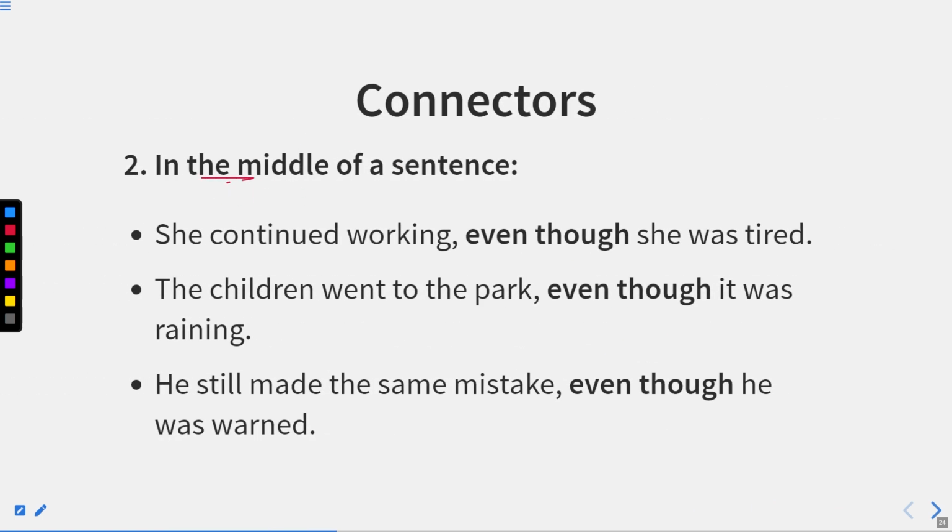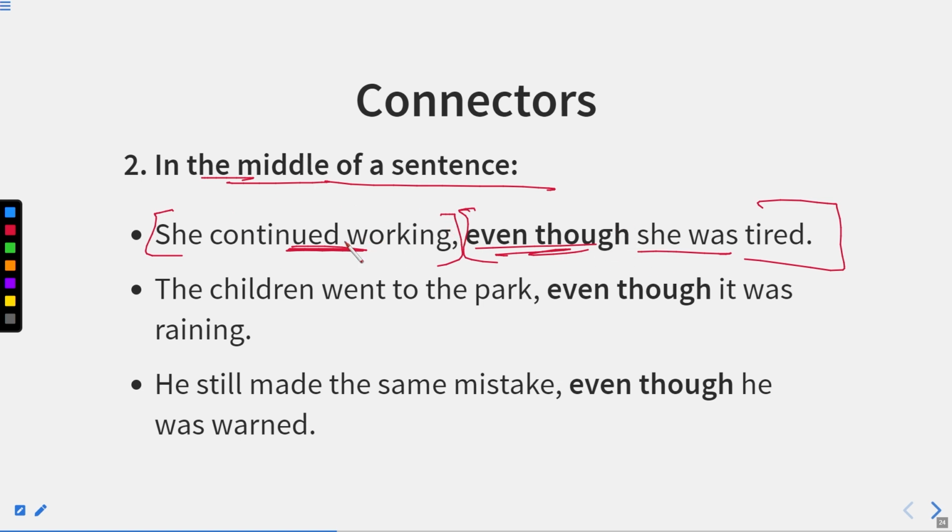Now it can occur in the middle of the sentence as well, but if you want to see this in the middle of the sentence, you have to shift the entire subordinate clause after the main clause. You cannot only shift the words even though. She continued working even though she was tired. So here you can see the main clause which is occurring in the beginning of the sentence now, and this is the subordinate clause which shows the adverse situation, whereas this is the unexpected outcome which was not affected due to this adverse situation.